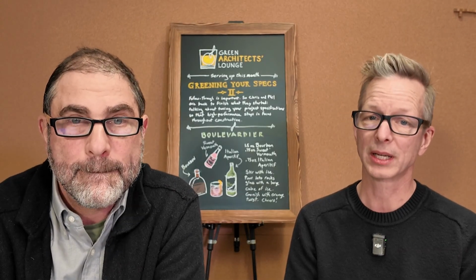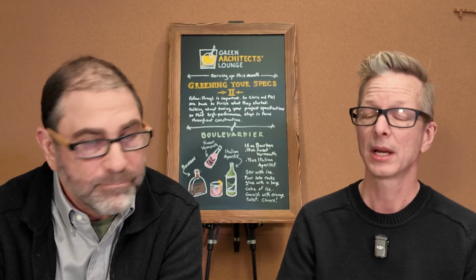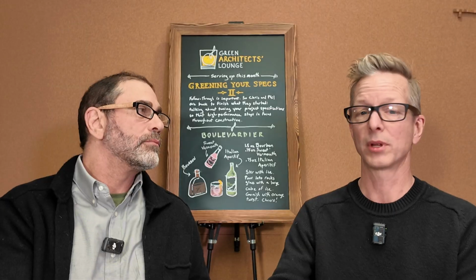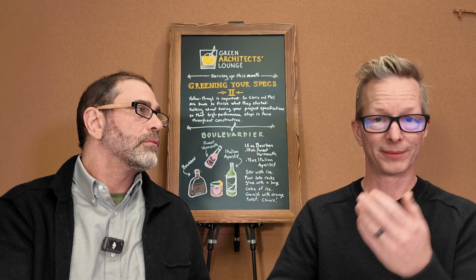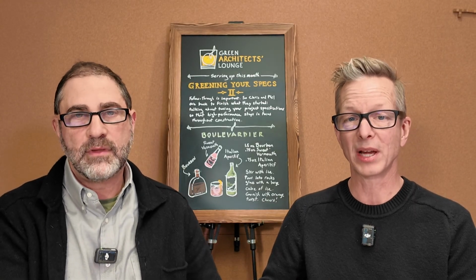But once you start digging into it, there are declared labels, and these are products that have already put their product through the ILFI testing list. So they are basically vetted.